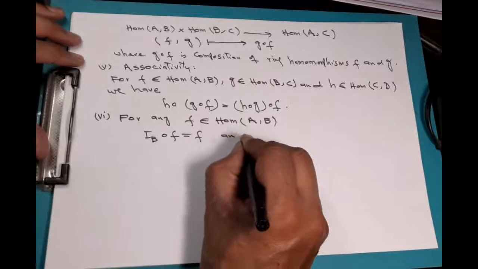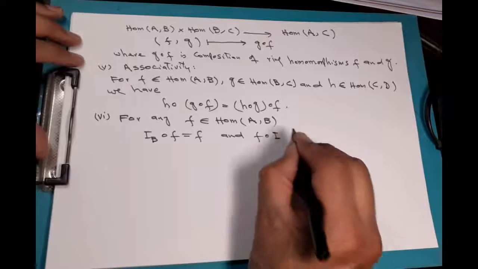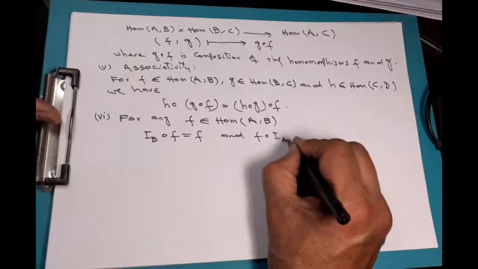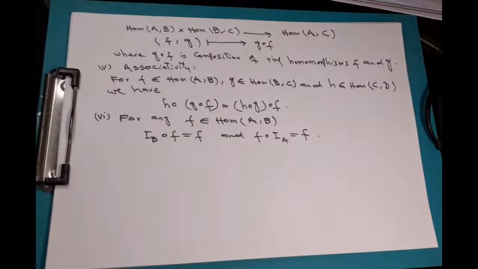And if we compose f with the identity morphism on ring A, the result will be f again. So these 6 conditions define the category of rings and ring homomorphisms.